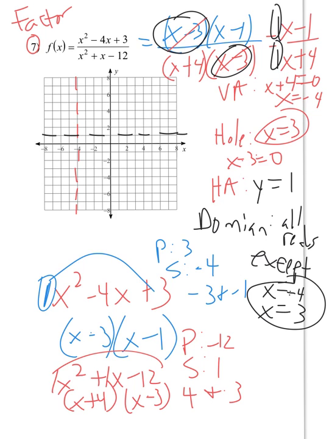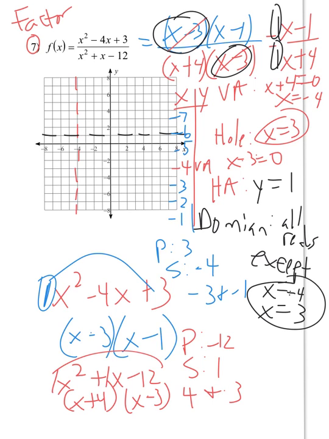So now let's make our table. If we make our table, and our vertical asymptote is at x equals negative 4, I'm going to put VA in my table. So I need to choose some values smaller than that, so negative 5, negative 6, negative 7, and then some numbers bigger, negative 3, negative 2, and negative 1.